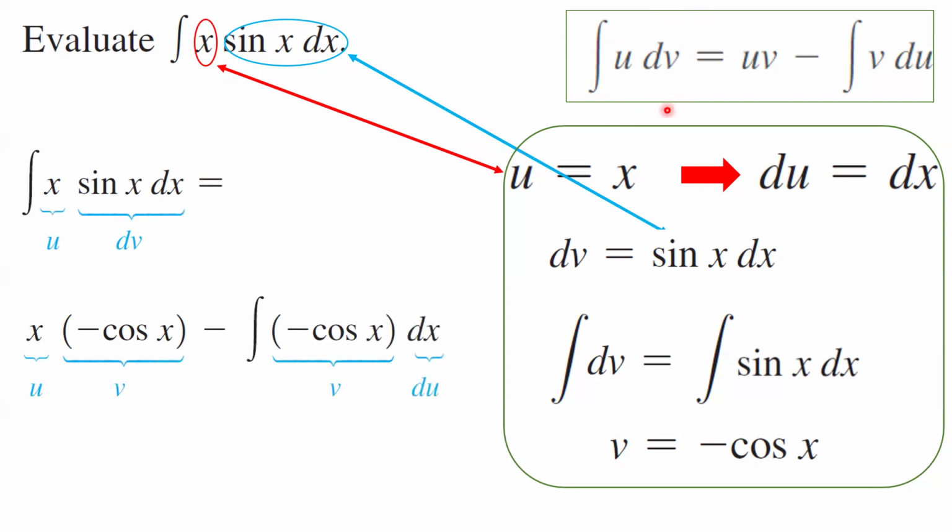So again, this integral is very easy to work with. So remember that in the method of integration by parts, we want to simplify the integral into the integral that is familiar to us. In turn, it's equal to negative x cosine x, and then taking the integral of negative cosine x becomes sine x plus constant of integration.